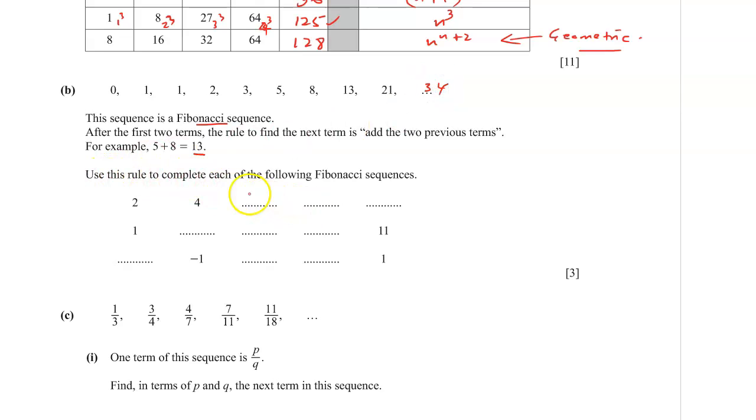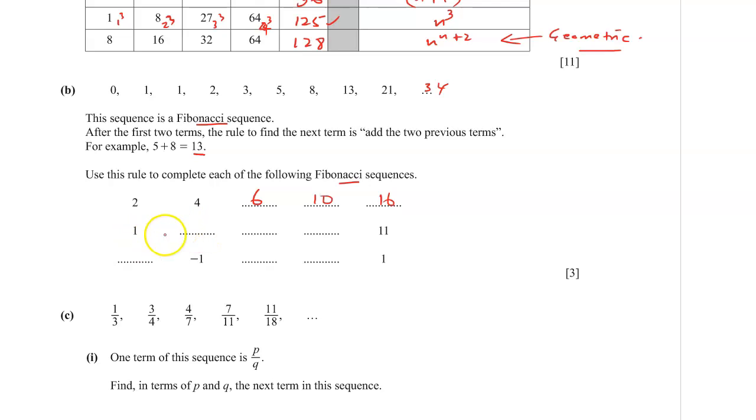Use this rule to complete each of the following Fibonacci sequences. So this is 2 plus this gives you 6. This is 10. This is 16. This is 11. Therefore, what do you add to get 11?